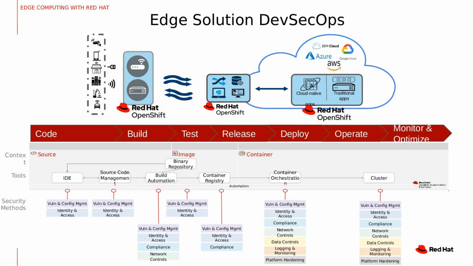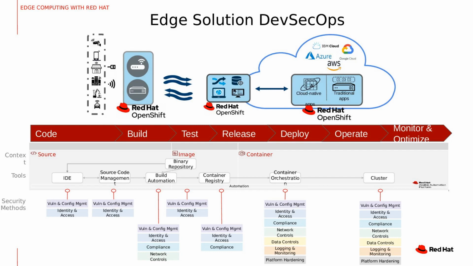And so when we look at the process here and the tooling that goes into a DevSecOps process, you see there's an IDE and source code management, there's build automation, container registries, orchestrations. But at each one of these levels, there are certain security methods that have to be considered as you move your code through this pipeline.